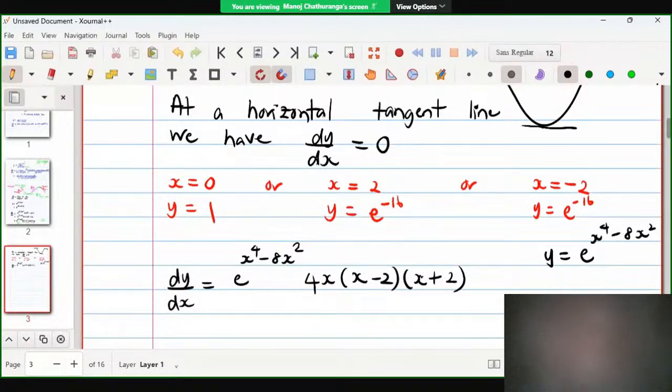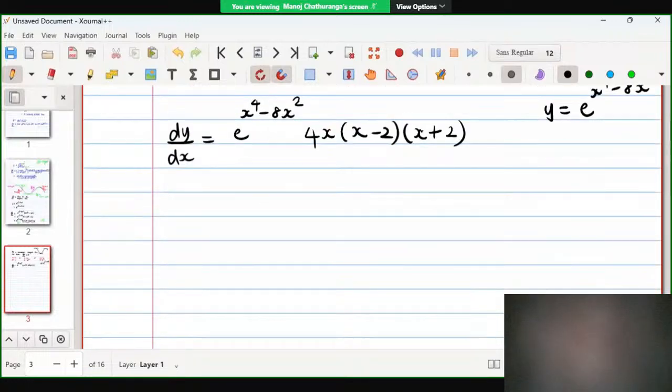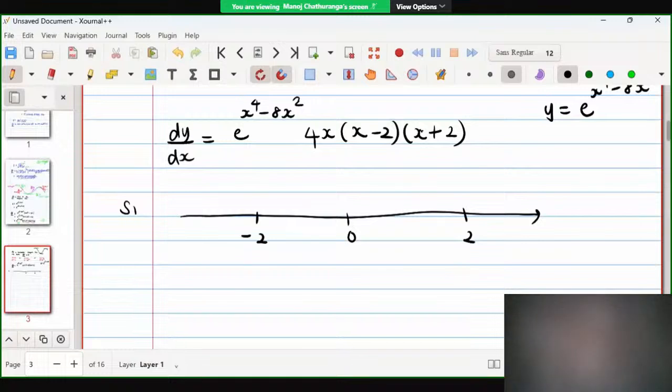Now we can do a sign analysis. Let me make a chart. So x equals 0 is a critical point, x equals 2 is a critical point, x equals negative 2 is a critical point.